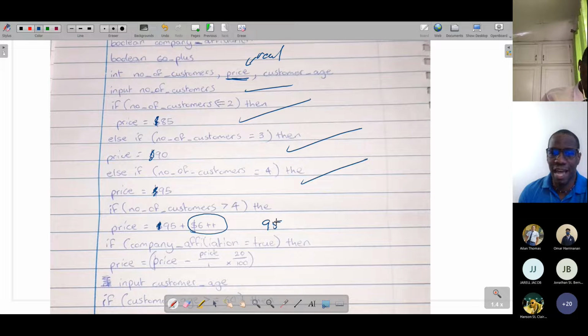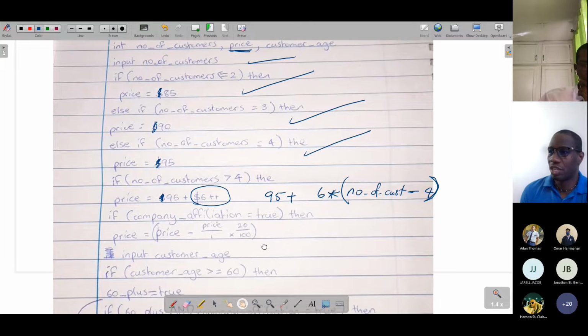The price would be 95 plus 6 multiplied by the number of customers minus 4. So if the number of customers were 8 customers, we would say $95 plus 6 multiplied by 8 minus 4. So 6 multiplied by 4 is 24. So we would have gotten 95 plus 24 as our value. Understood, Jonathan?